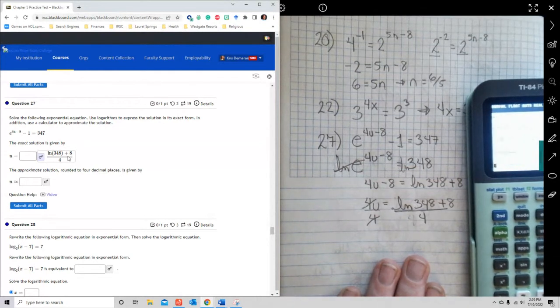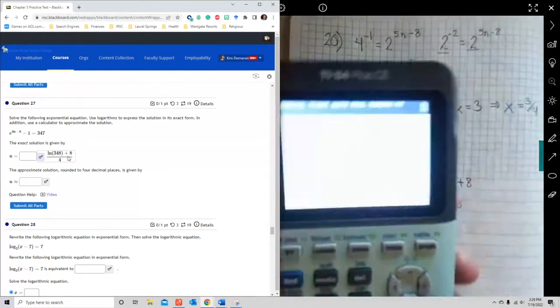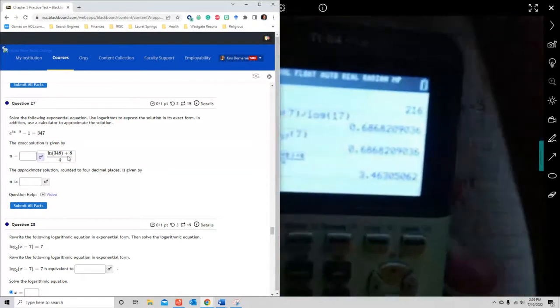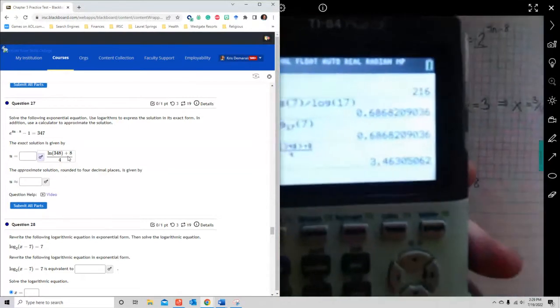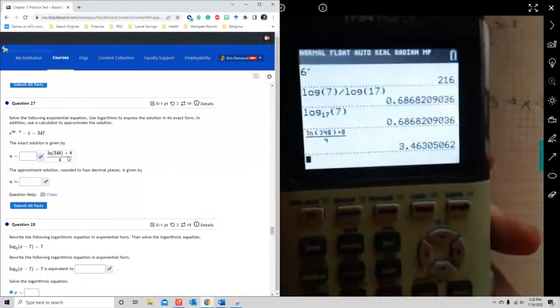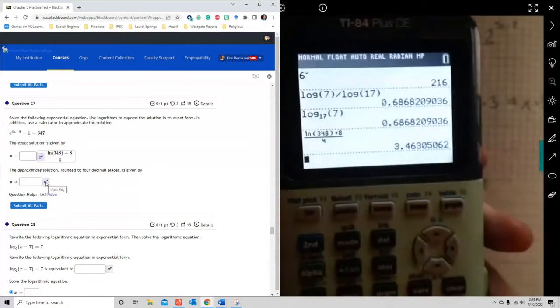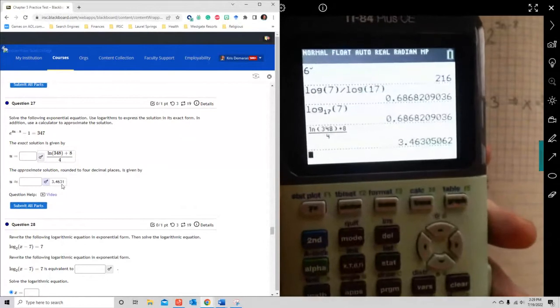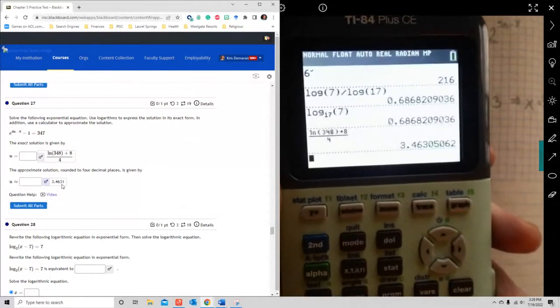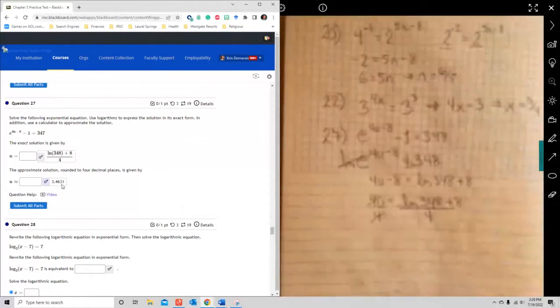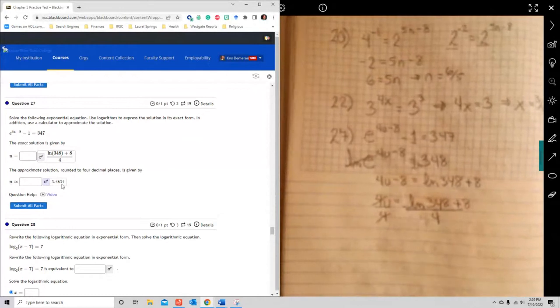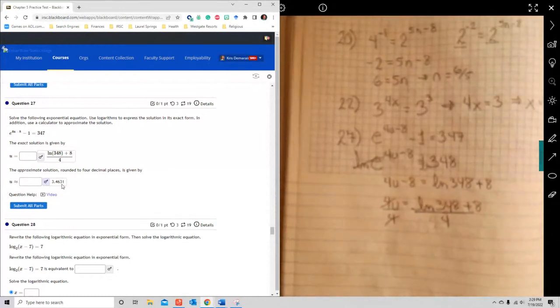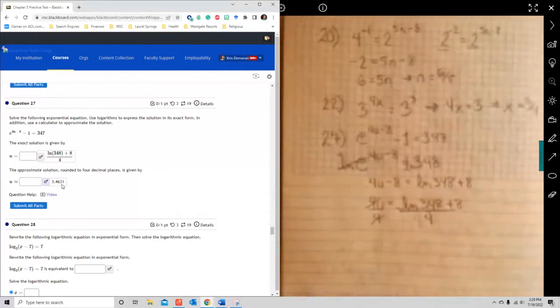And then divide by 4. All right, so we're going to go ahead and get that value. So we get the answer. Glad to go over that one.